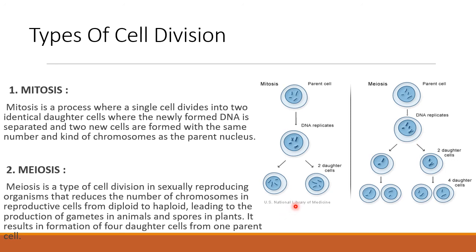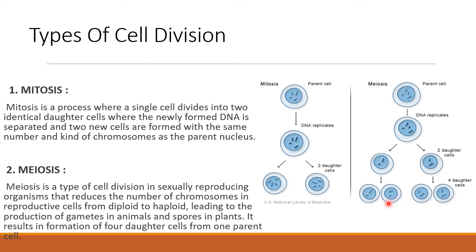Now, before we conclude this topic, let's just recall the difference between mitosis and meiosis. In mitosis, from one parent cell, how many daughter cells are formed? Two. But in case of meiosis, from one parent cell, how many daughter cells are formed? Four.